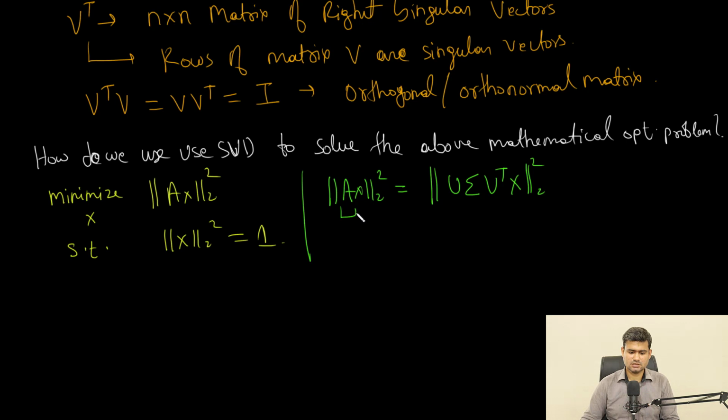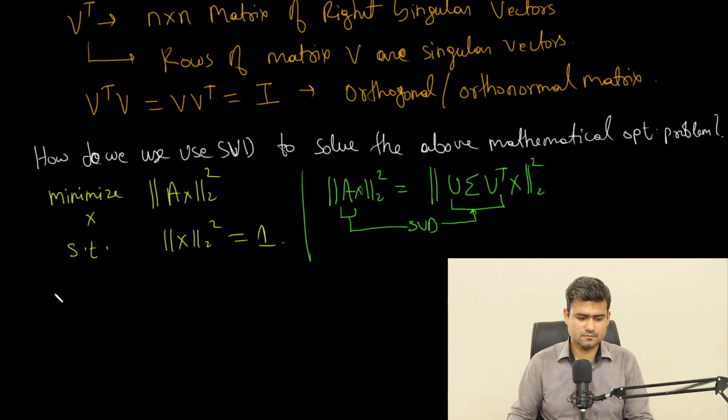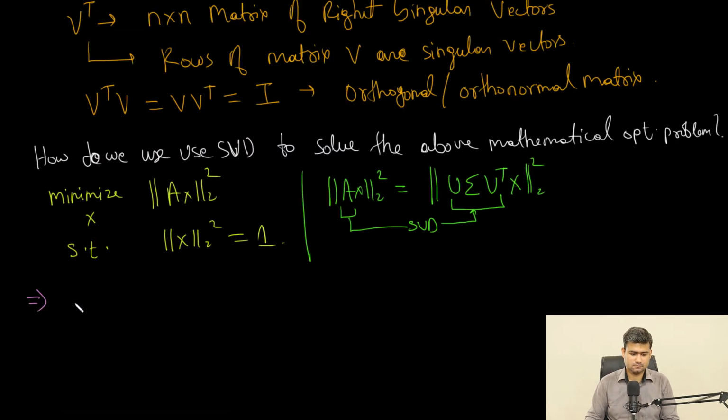So we used the singular value decomposition of the matrix A. Now we can expand the norm. The objective function then becomes (U sigma V transpose x) transpose times U sigma V transpose x.